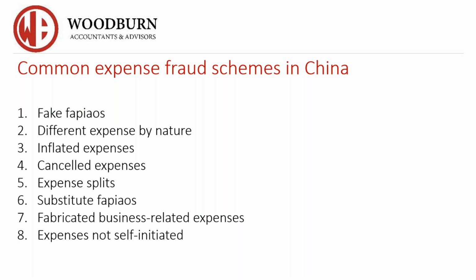Then you've got issues of different expenses by nature. So you've got employees that may spend money on items other than food and drinks in restaurants, such as tobacco, alcohol, gift cards, dining coupons, that they generally utilize to gift to clients, business partners, government officials, etc. And in order to get reimbursed by the company, and in order for the company to not find out that they've been doing this, they will then give food and drink Fapiaos.